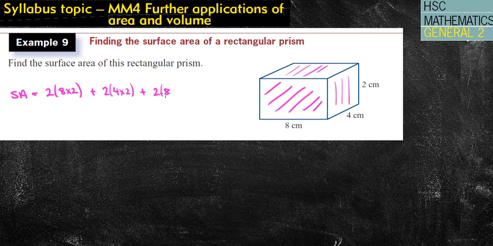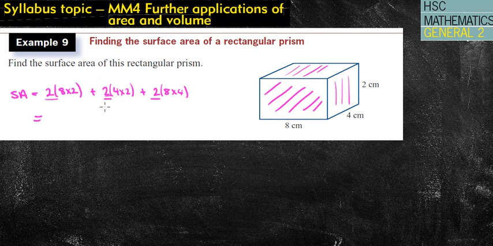And then I've got the top and bottom, and that's going to be 8 by 4, and I've also got 2 of those. Now, sometimes you might have an open prism, so just be careful if you need to use all the lengths. But in this case, it's 6 sides, and the way I like to do this as well, because I can count 2, 4, 6 sides, which is quite useful. And then it's pretty much a matter of just typing it into your calculator.